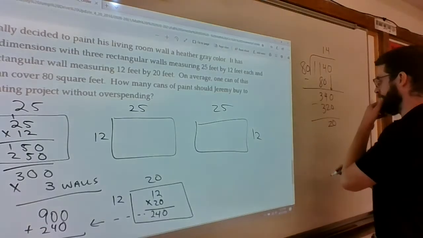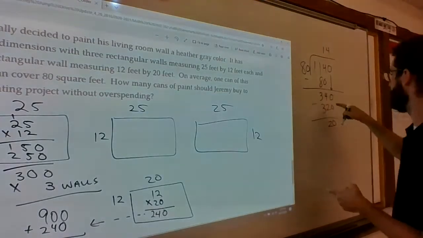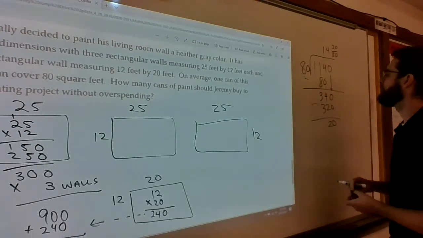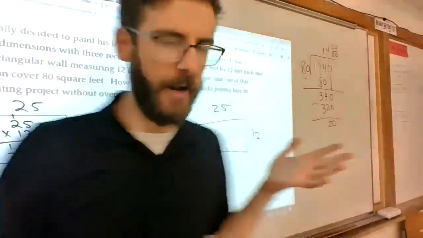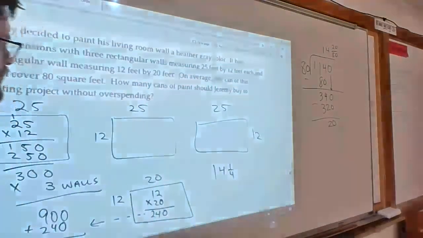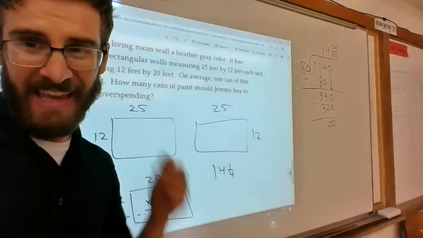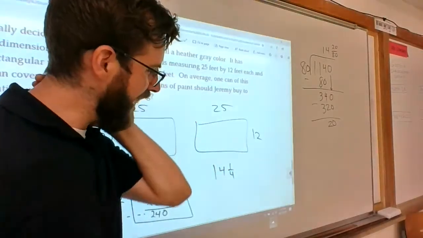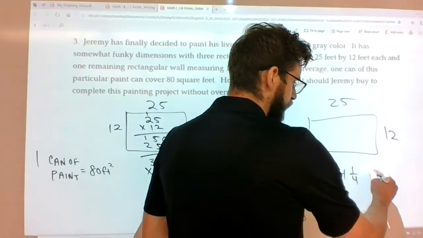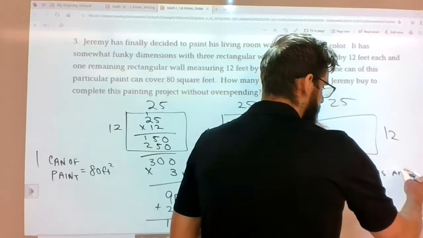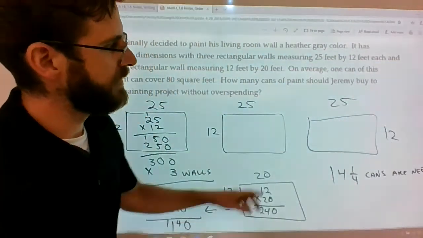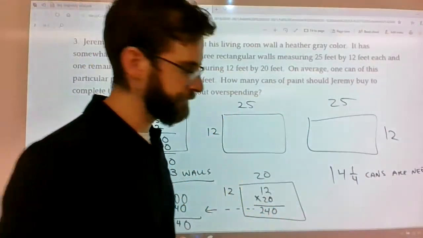And there's 20 left over. Now 20 divided by 80 is our leftovers. 20, 40, 60, 80. It's 1/4. So it's 14 and 1/4. Now, I can't really buy a fourth of a can of paint, so at this point we would say 14 and 1/4 cans are needed. So Jeremy should buy 15 cans of paint.